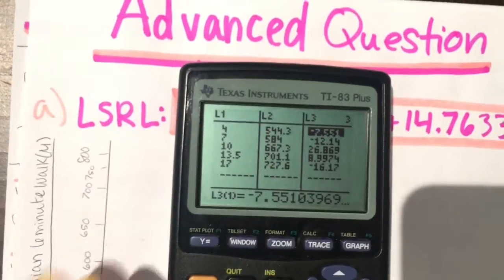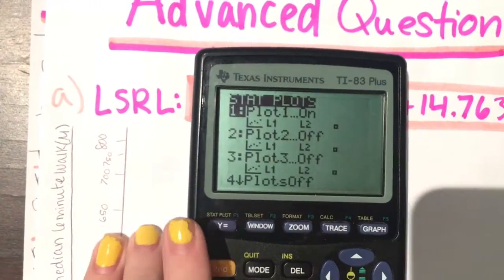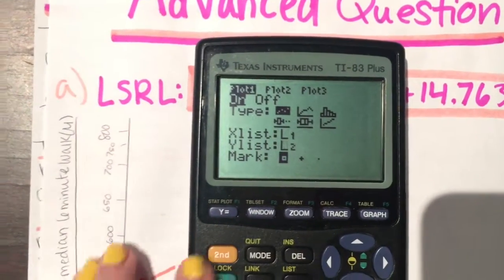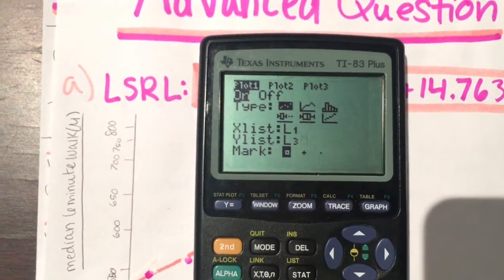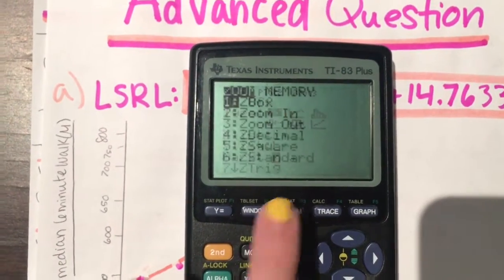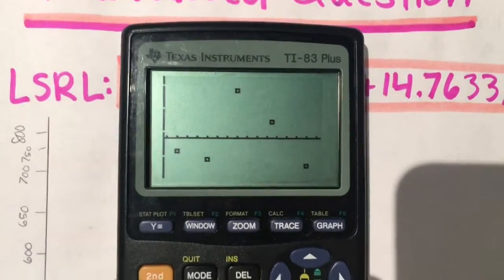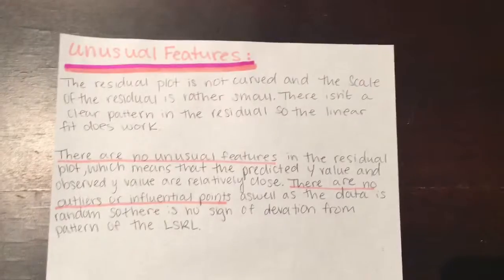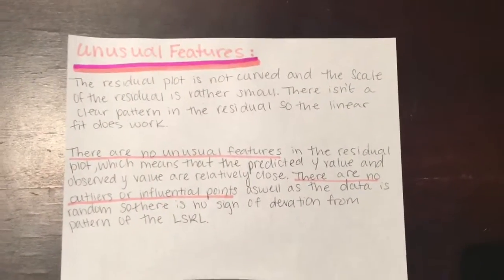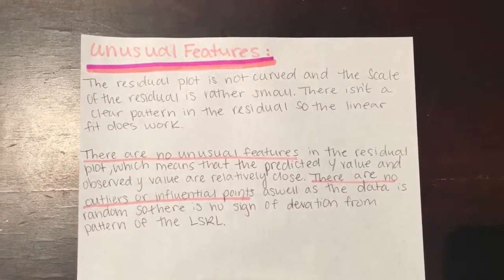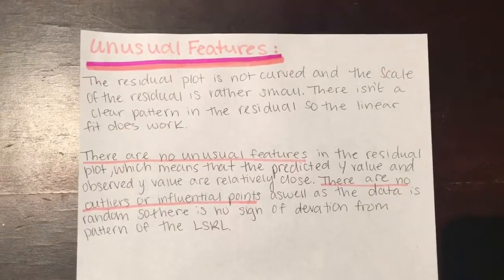To plot this, you're going to have to go to second, stat plot, and switch list 2 into list 3. And then hit zoom 9. And that's what the residual plot looks like. Finishing up part B, it asks us to determine if there are any unusual features.